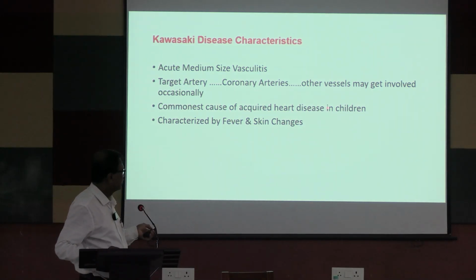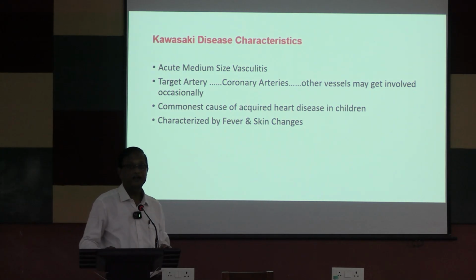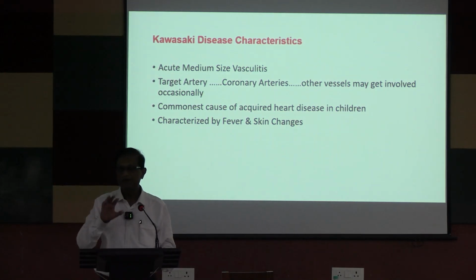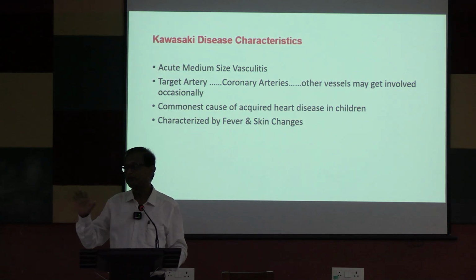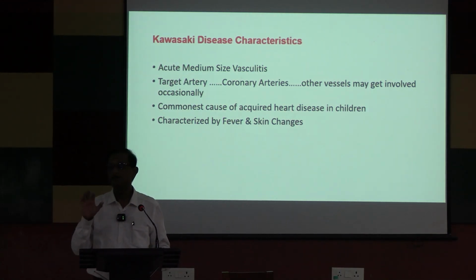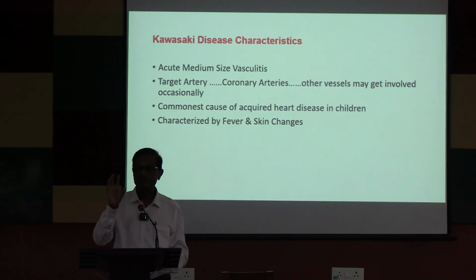This is the commonest cause, as I said, of heart disease in children, and it is characterized by fever and skin changes. Any pediatric patient coming with fever for 5 days or more, previously it was said, nowadays it is said 4 days or more, with characteristic skin changes, you will have to consider it as Kawasaki disease. Its common mimickers are other viral diseases or measles.